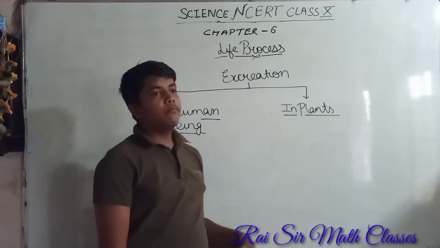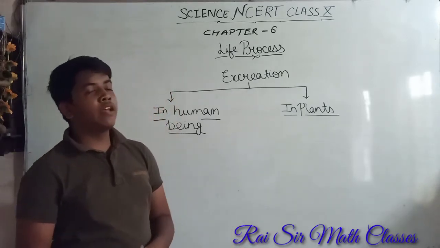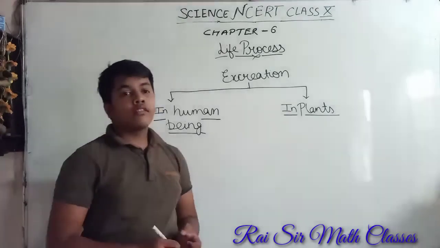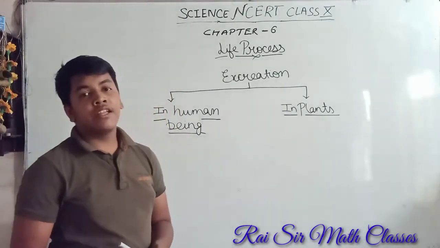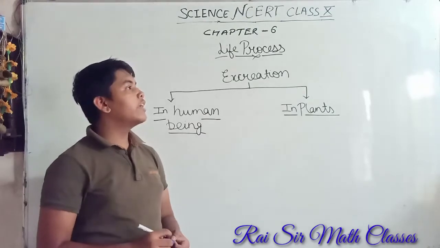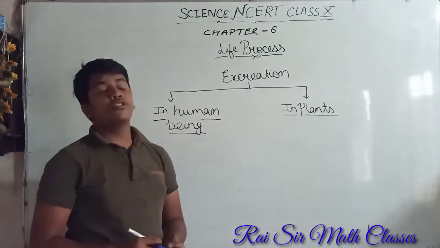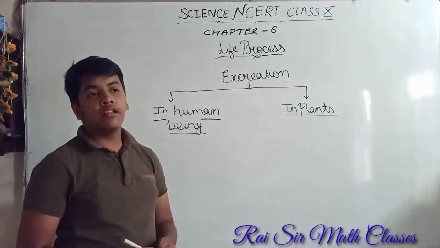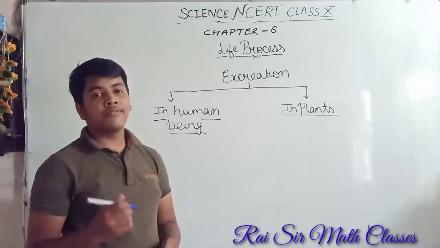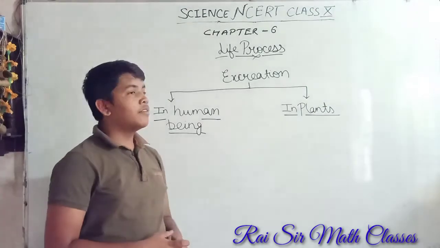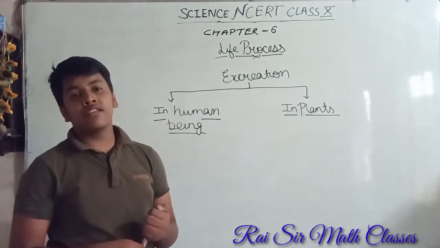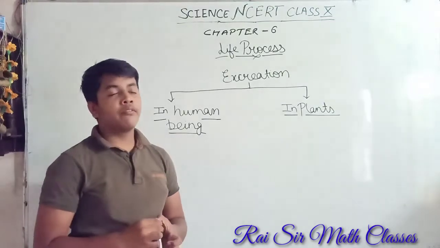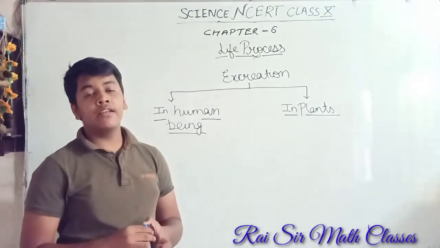Now let's start with plants. In plants, the excess amount of water is released through transpiration. The unwanted gas, which in plants is oxygen, is released through stomata. The waste material fallen down with leaves, which is larger in size or not being used, is returned back to the soil directly.